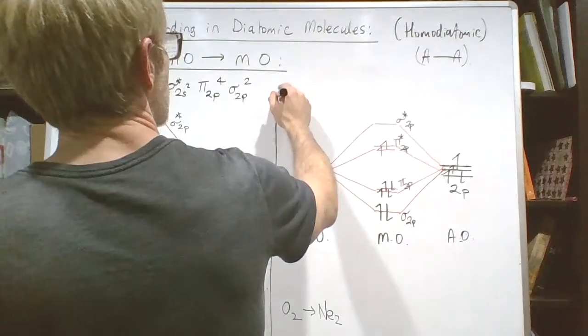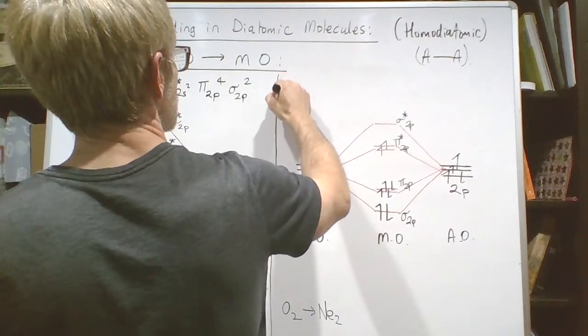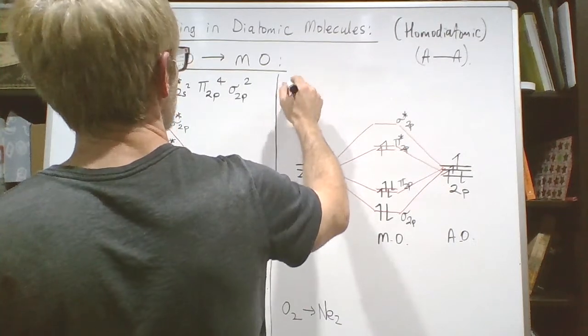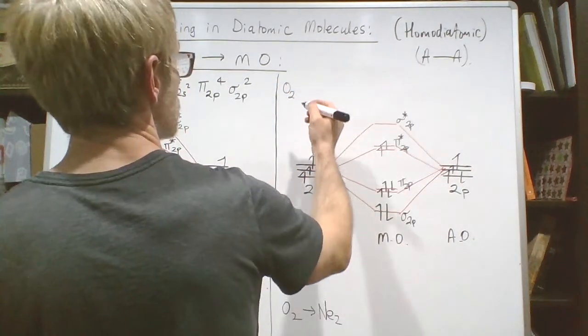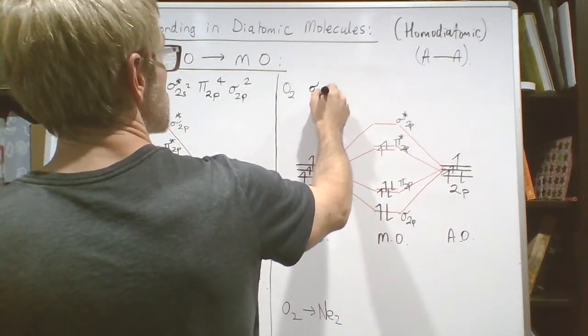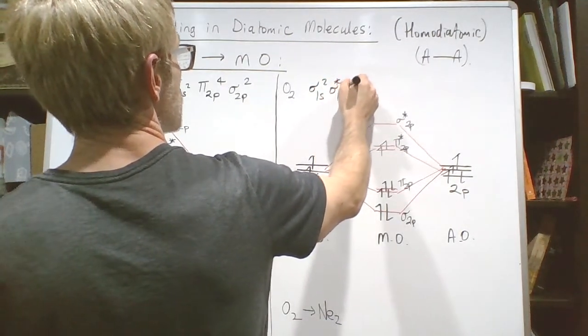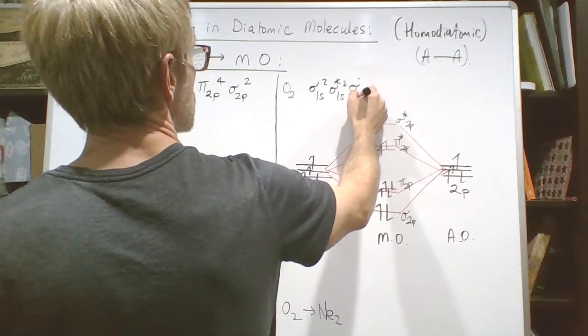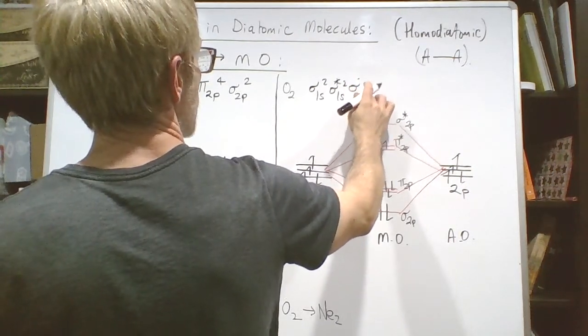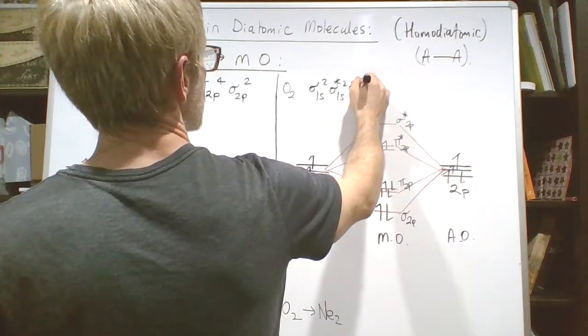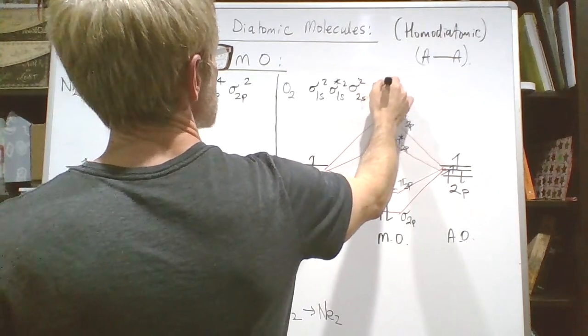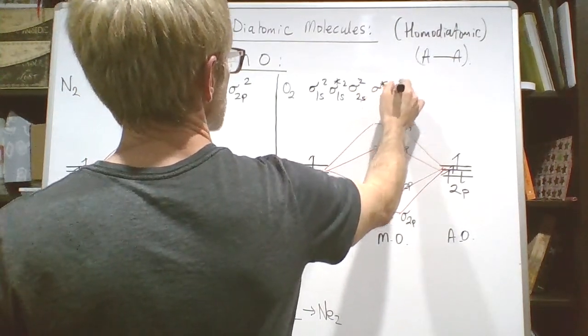So the electron configuration for the molecule O2 is now just going to be sigma 1s2, sigma star 1s2, sigma 2s2, sigma star 2s2.